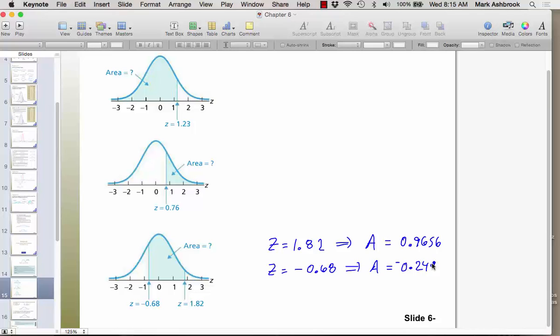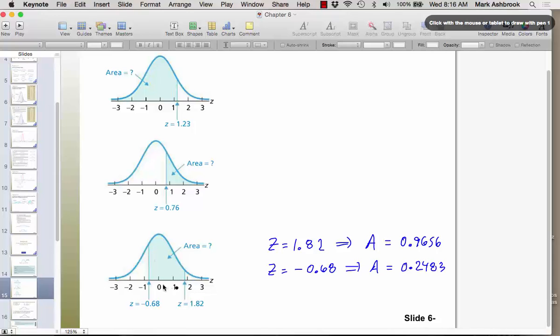Is it negative? No, it's giving area. The z-score is negative, but it's giving us the area to the left. So areas are always positive, because it's always just how much area is to the left. So this over here is about 24.8%. All that in there. And then starting at z equals 1.82 all the way to the left is 0.9656.